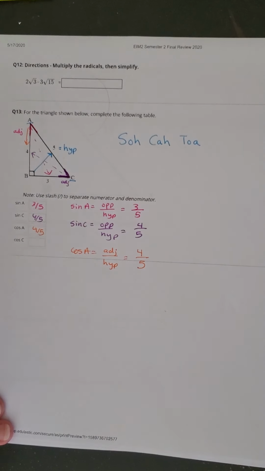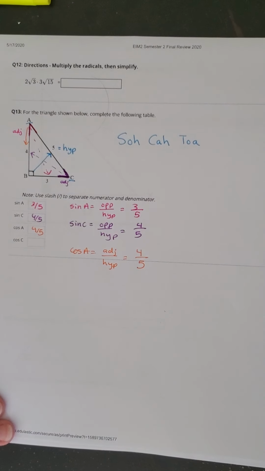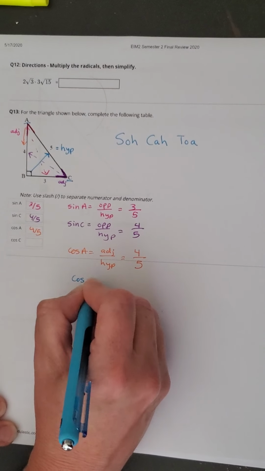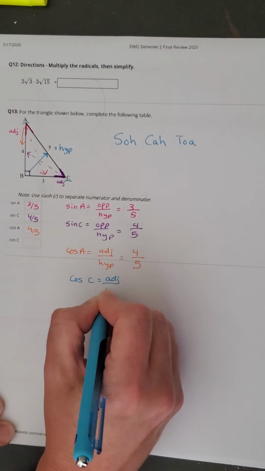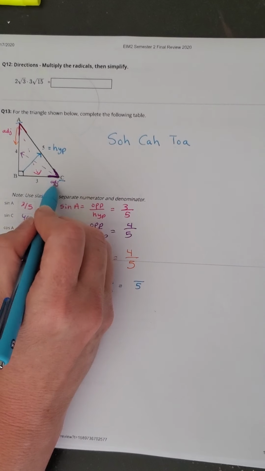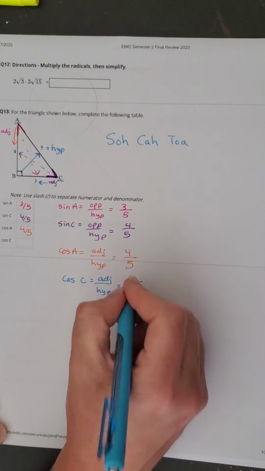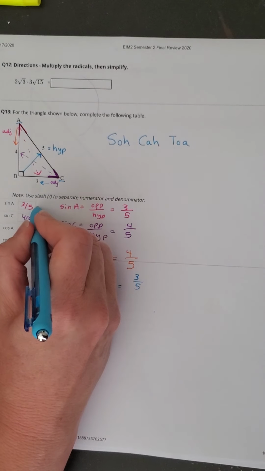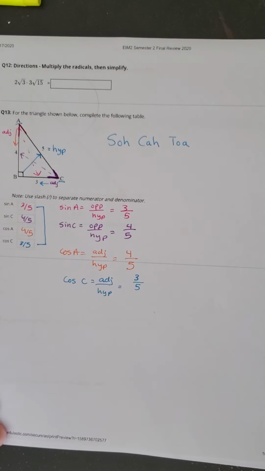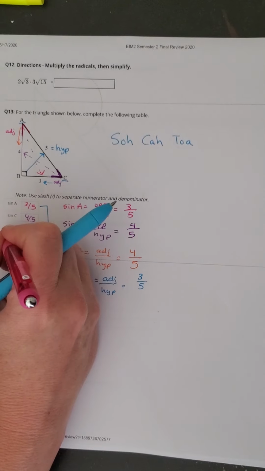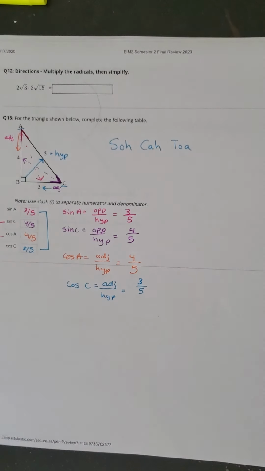And then finally, cosine C, still adjacent to hypotenuse, so still my denominator will be 5, but adjacent this time is right there, 3. And so what you should notice is that sine A and cosine C are the same thing, and that cosine A and sine C are the same thing.